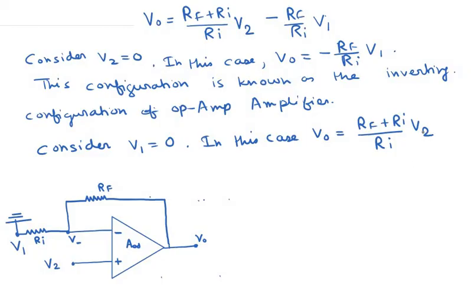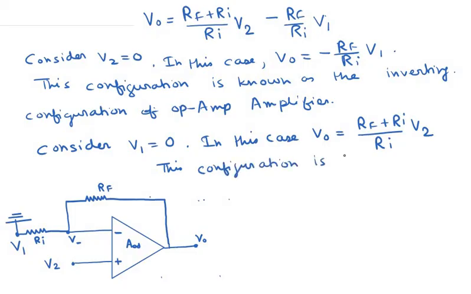Okay, now here V2 is the input voltage. In this inverting configuration of the amplifier, V1 was the input voltage. In this case, since V1 is 0, the input voltage is V2. Okay, so this configuration is known as the non-inverting amplifier configuration or the non-inverting configuration of op-amp amplifier.